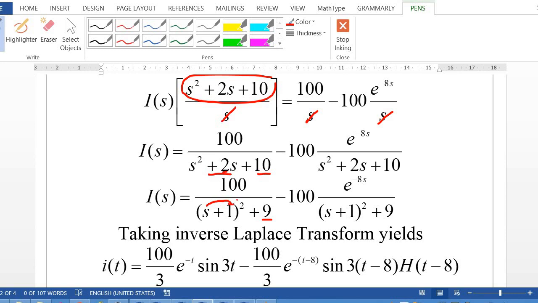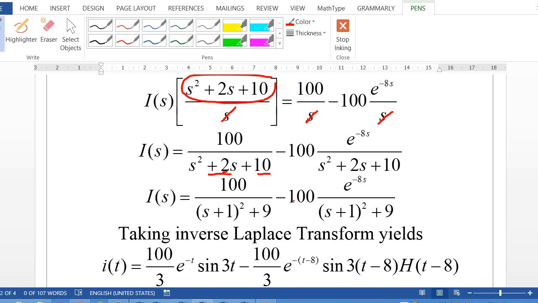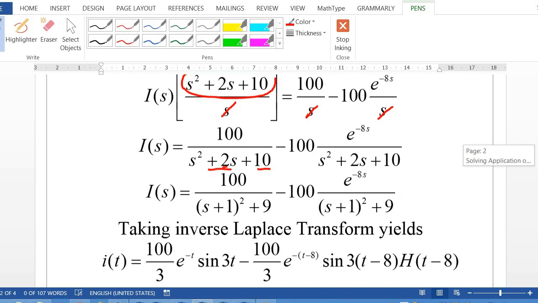This is s squared, then 2 times 1 times s, so you get 2s, then plus 1 squared, so 1. Initially you have 10, so you need to plus 9 more. That's how we do the completing the square, if we cannot factor the quadratic term into two linear factors. Same with the second term here, so it becomes minus 100 e to the negative 8s over (s plus 1) squared plus 9.